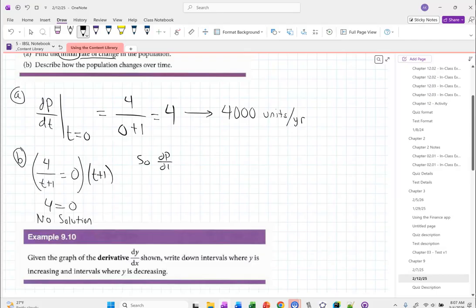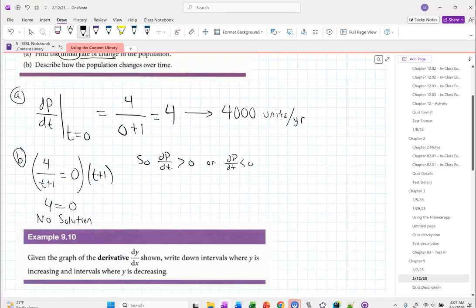So that tells us that dP/dt is either always greater than 0 or always less than 0, correct? If it never crosses the x-axis, it has to be one or the other. Everybody agree?